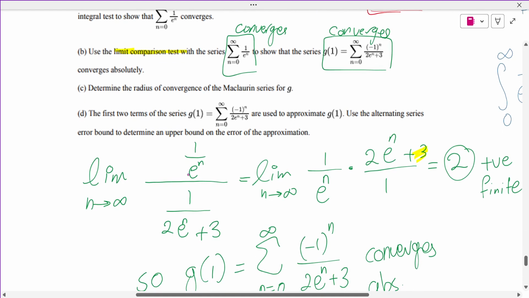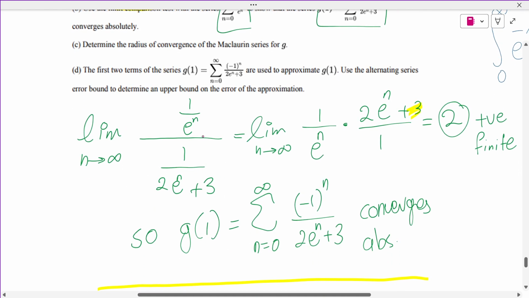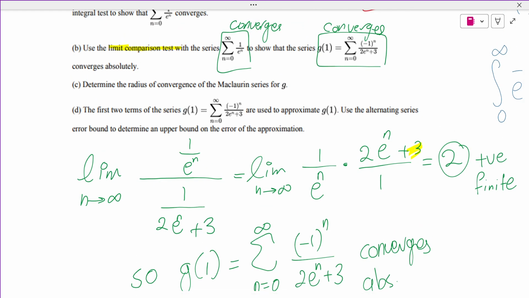Okay, before we do the last part, let's look at the marks distribution of part C, if there is anything we need to pay close attention to. 3 points. The radius, the third point cannot be earned by presenting an interval. Even if you are finding the interval, you must say that R equals e.